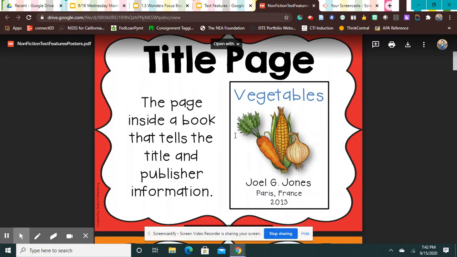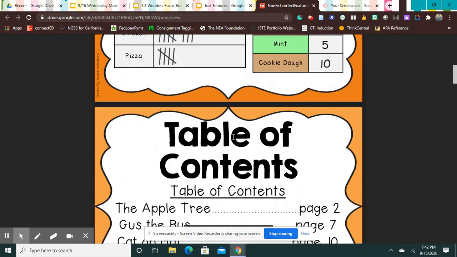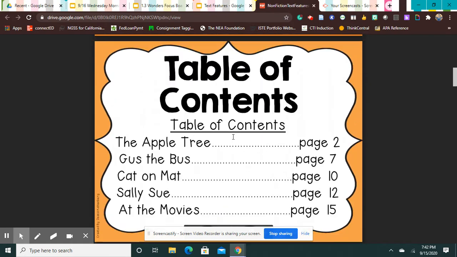You will have a title page to let you know what your text is about. The table of contents, if you're reading a very long text, will let you know where to find certain information and on what page, so you're not just flipping through the book.